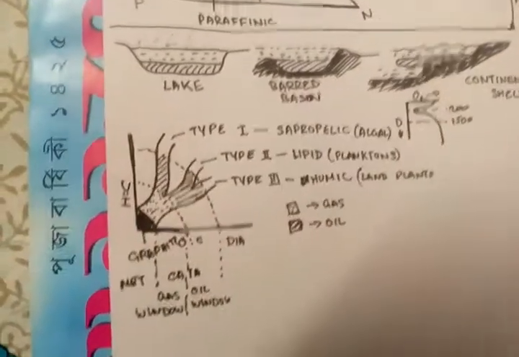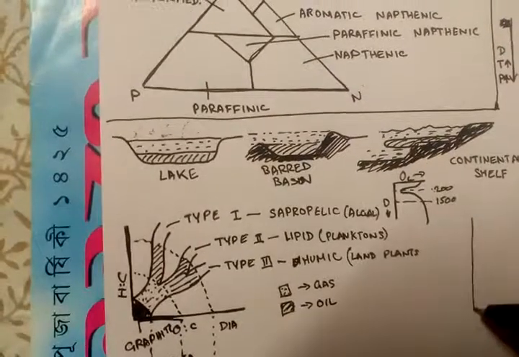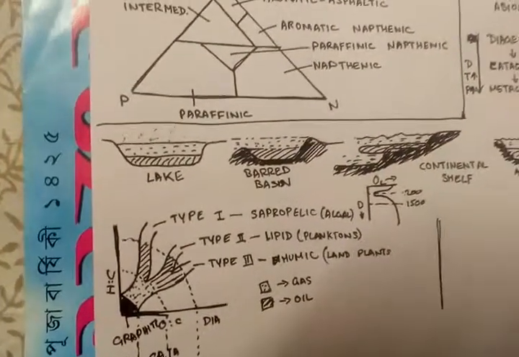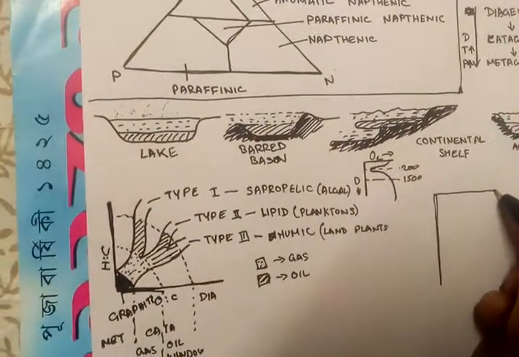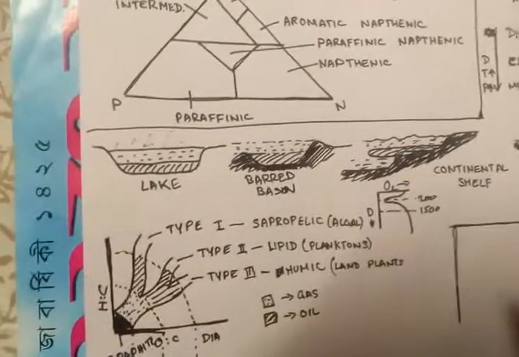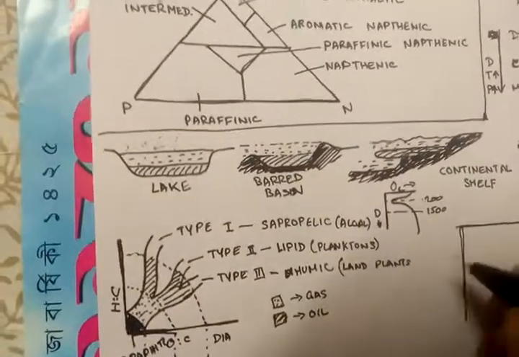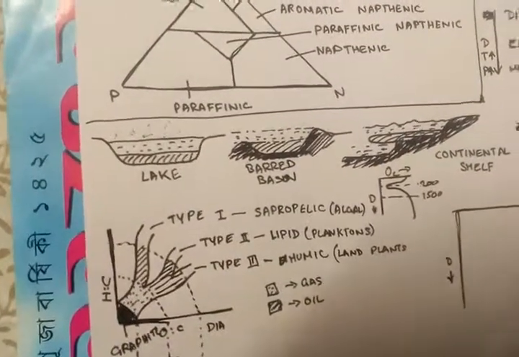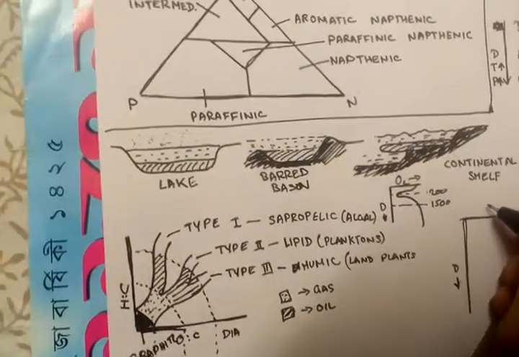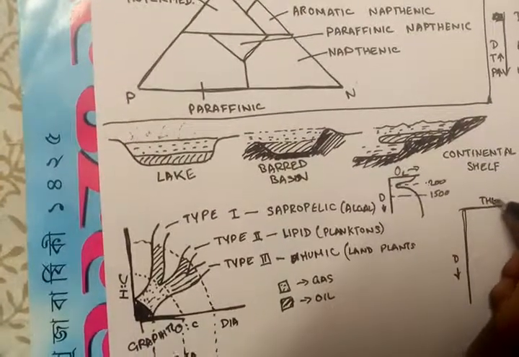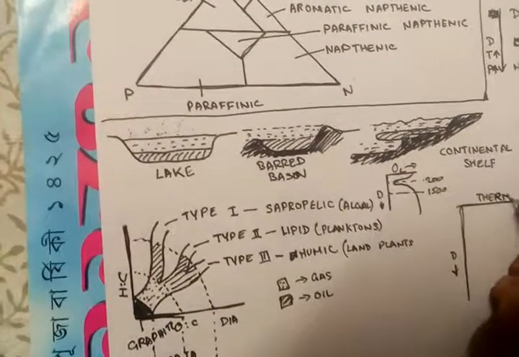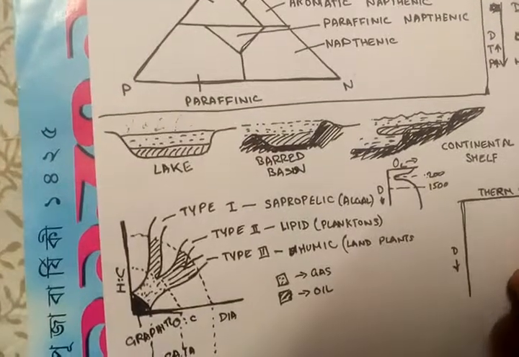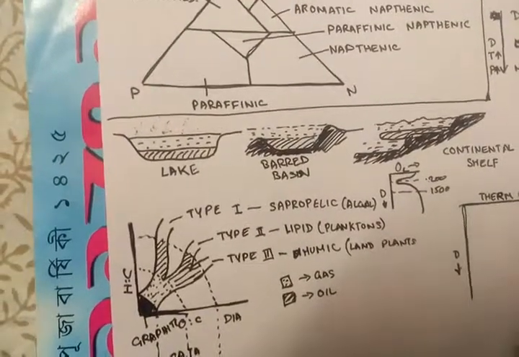So if we plot the same thing with a thermal gradient and depth, we get something like this. This is depth, this is thermal gradient.